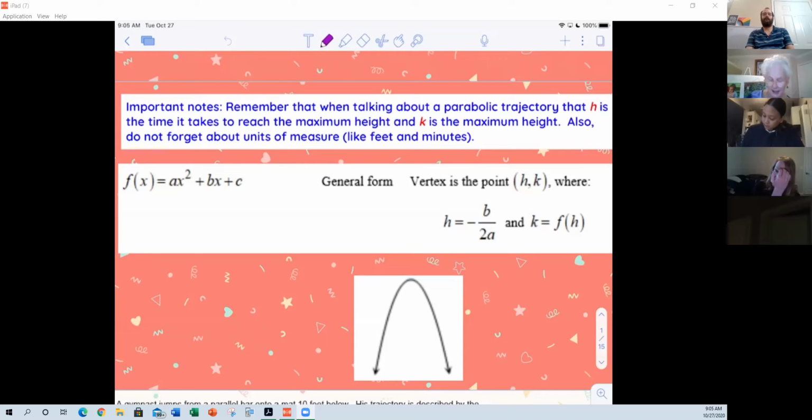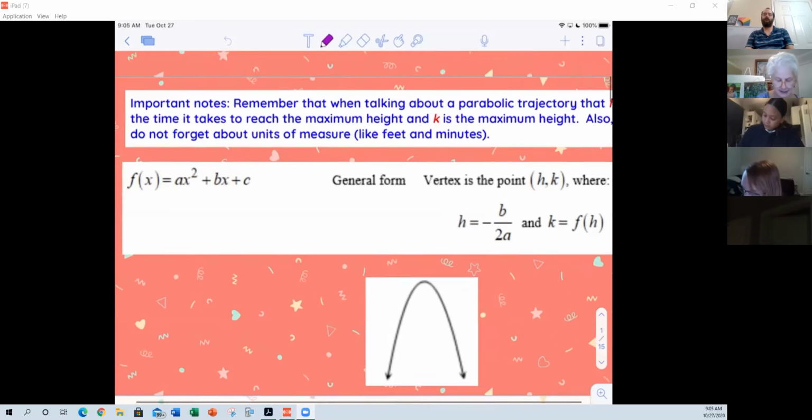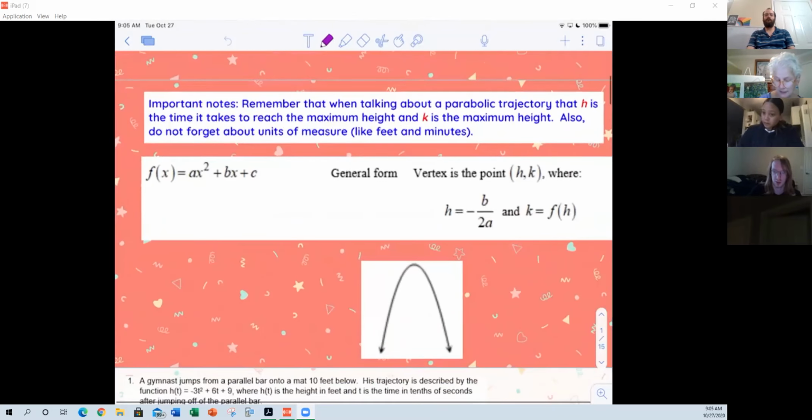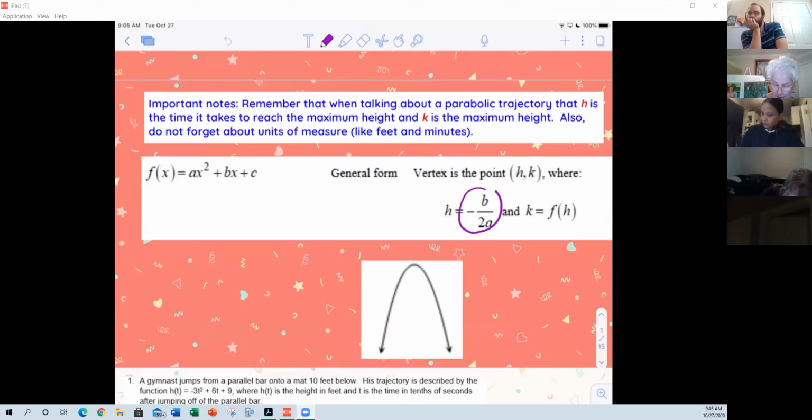So if we're looking at the standard or general form of the equation, f of x equals ax squared plus bx plus c, the vertex is always found by h is the opposite of b over 2a. Make sure that you have the equation in order from the highest exponent down to the constant, otherwise you'll mess this up. h is the opposite of b over 2a, and then to find the height, or the k value, you just take the opposite of b over 2a and plug it back into the original equation.